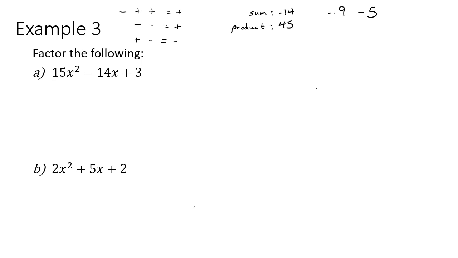So what I'm going to do is break that minus 14x in the middle up into two pieces. So the 15x squared just carries down. But now I'm going to have a minus 5x and a minus 9x. Now, I'm going to be careful with the way I put these. I'm going to line them up so that they have factors in common with the stuff on the outside, just to save me a rearrangement step in a minute. Because there's a 15 out front, that seems to line up pretty nicely with the 5 at the end.